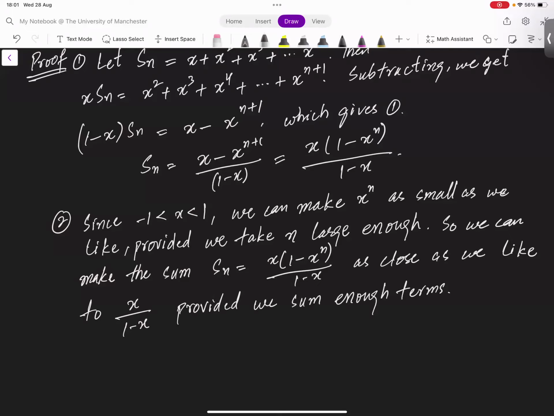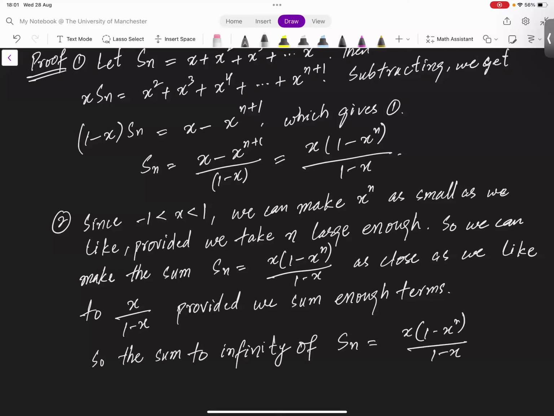This is to say that the sum to infinity of Sn is x over 1 minus x. And this proves it.